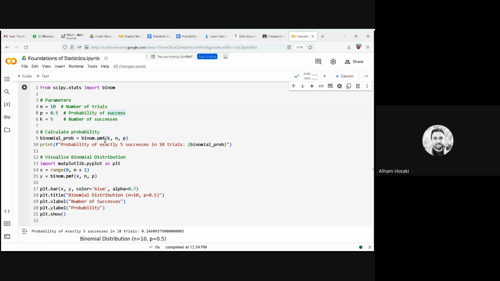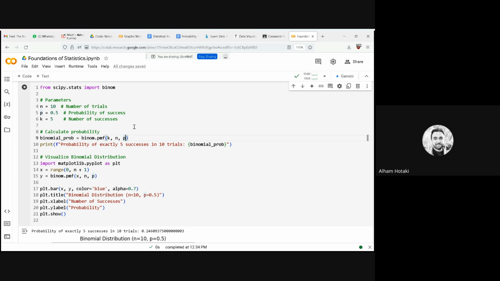So now calculate the probability. Very simple. This function provides you the probability calculation based on binomial distribution. So what is k? K is the number of successes. For example, 5 times it was head. How many times did we do this trial? We flipped a coin 10 times. And what is the probability for each independent event?